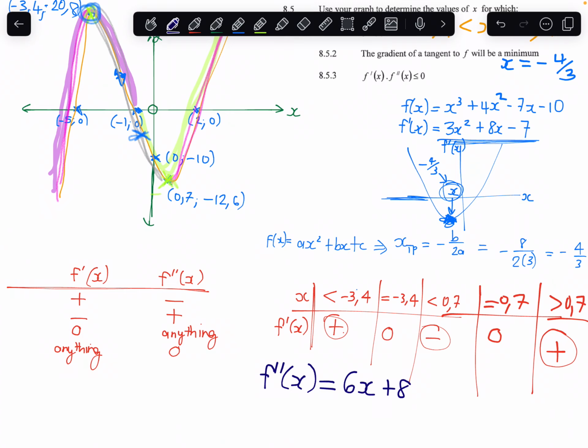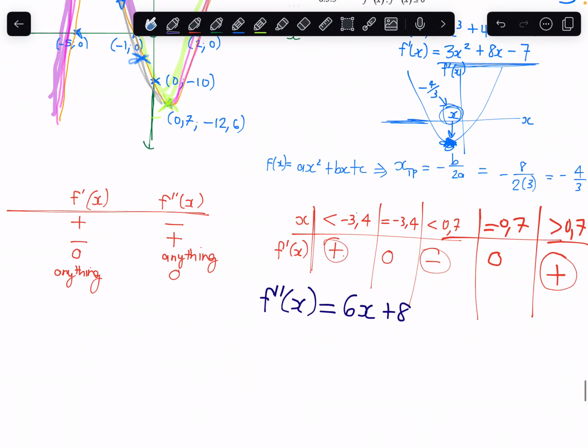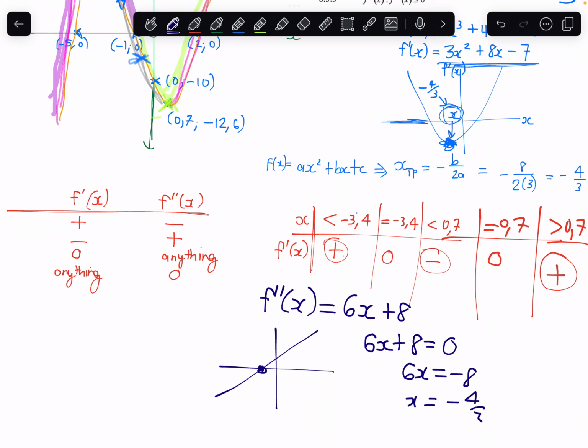If we were to draw a graph of that for ourselves, we know that's a straight line, y-intercept at 8, positive gradient, and the x-intercept happens when this function gives us 0, so 6x is equal to negative 8, x is equal to negative 4 over 3.